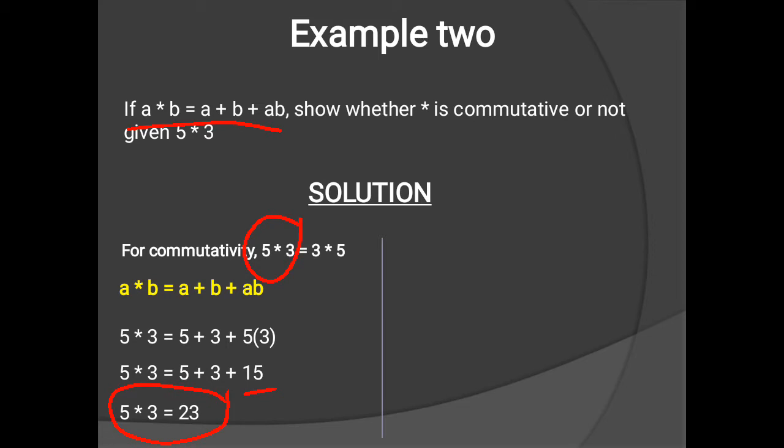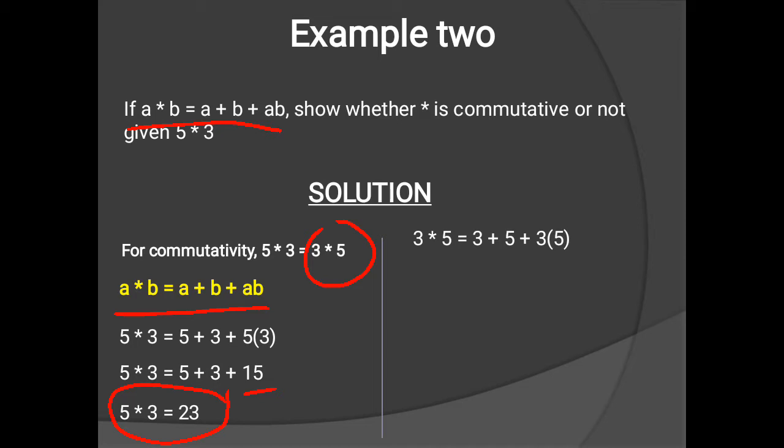Now let's solve 3 operation 5 and see what we get, using the same rule. Now over here the first one is 3, the second one is 5. So our first one 3 plus our second one 5 plus our first one times our second one, 3 times 5. 3 times 5 is 15.